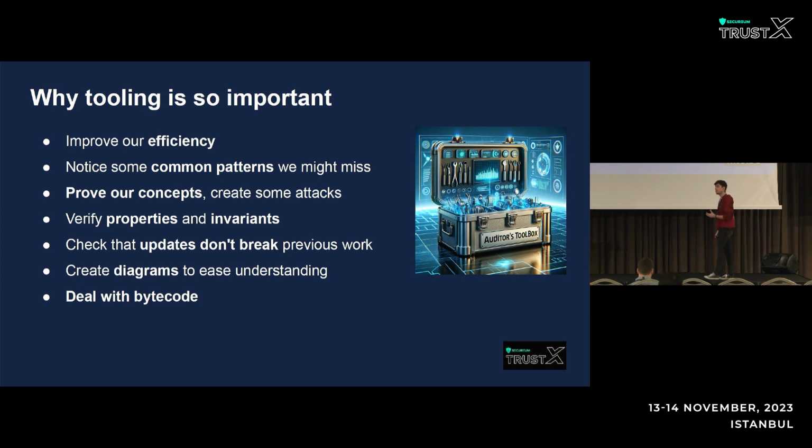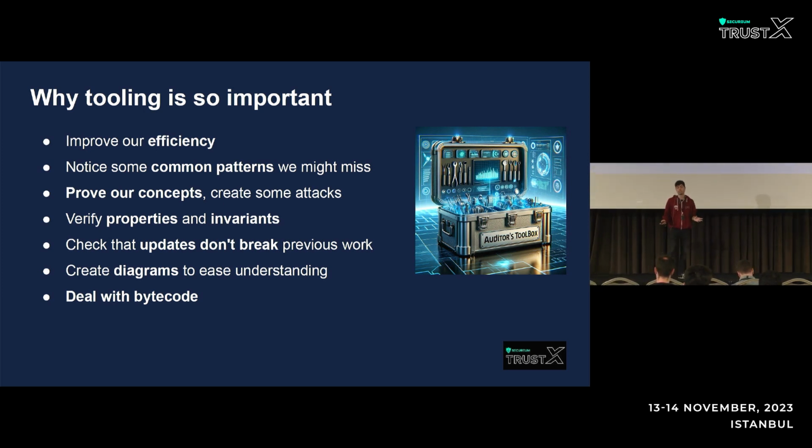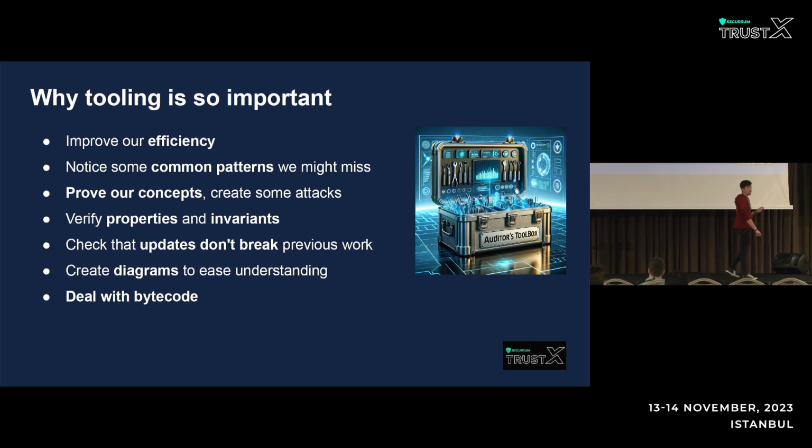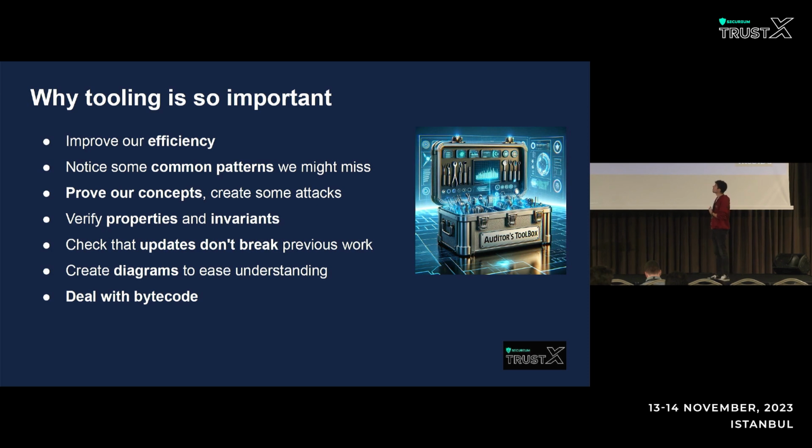Why is tooling important? Even if manual audits and manual review are the most efficient way, tooling can improve our efficiency by finding patterns, improving our workflow, creating pipelines, and proving our concepts. We have an attack, and we can explain that to the client, but what if we can prove it?